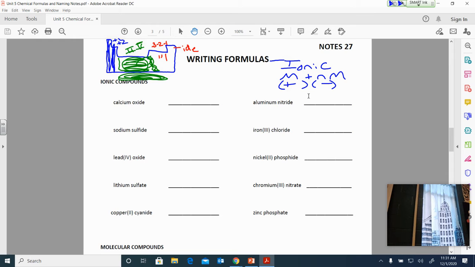So how do we do this? Basically, the trick is I can always just write their symbols first. Calcium on the periodic table is Ca, and oxygen, oxide, because it became oxide when it was negative, so I know it's oxygen, is O. So CaO. Now, you've seen throughout the year little numbers, like in H2O.